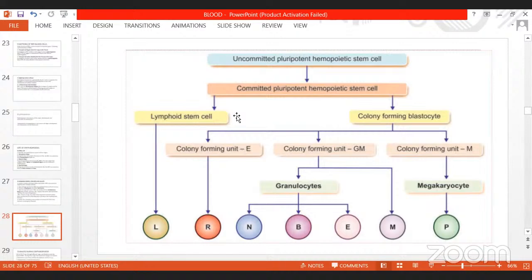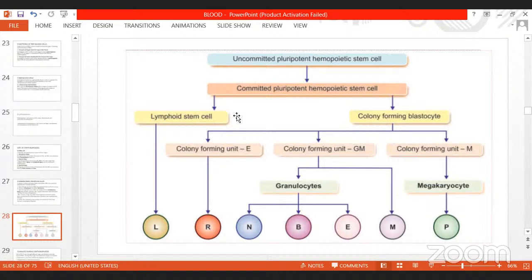The lymphoid stem cell will produce lymphocytes, and the colony forming blastocytes produce colony forming unit E, colony forming unit granulocyte and monocyte, and colony forming unit megakaryocyte. The colony forming unit E, or erythrocyte, produces RBC. Granulocyte and monocyte units produce granulocytes like neutrophil, basophil, and eosinophil, and monocytes. Colony forming unit megakaryocytes produce platelets. This is the complete picture of hemopoiesis.